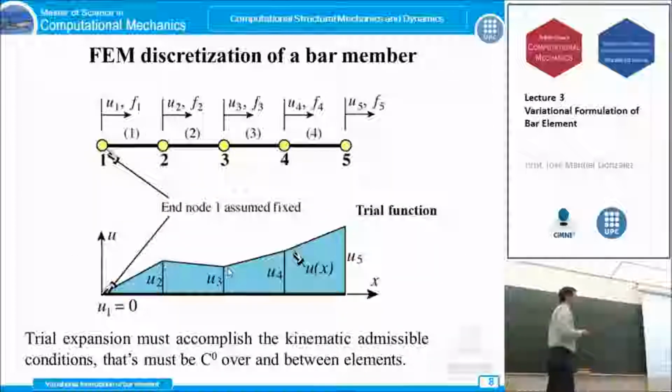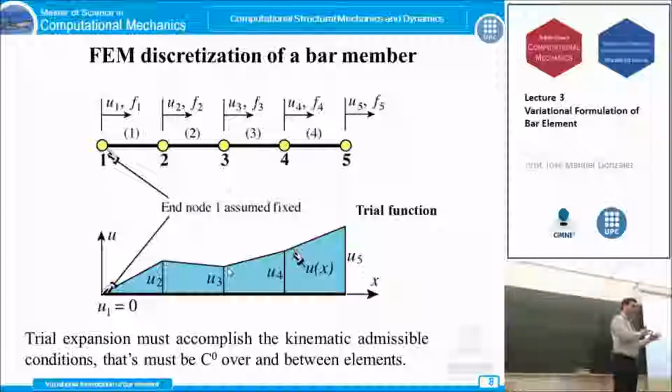So now we're going to cross the line and get to the discretization, or the discrete formulation of the problem. So let's consider our displacement function as a superposition of these discrete values of the displacement at different points of the bar length.